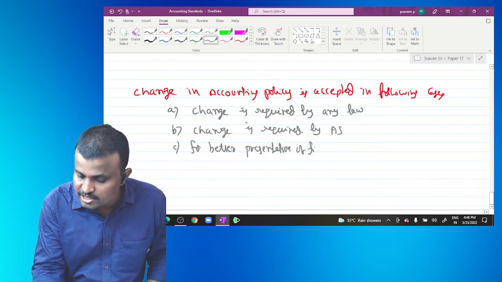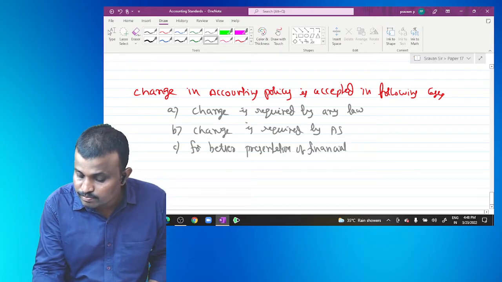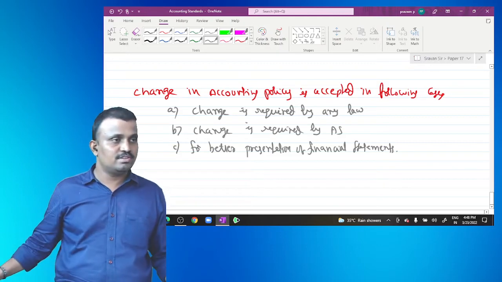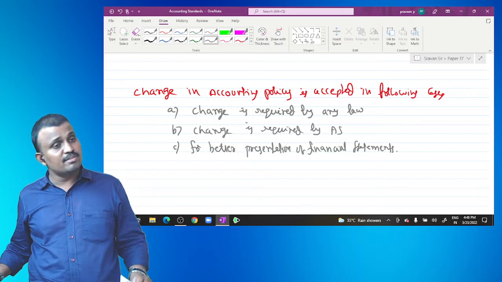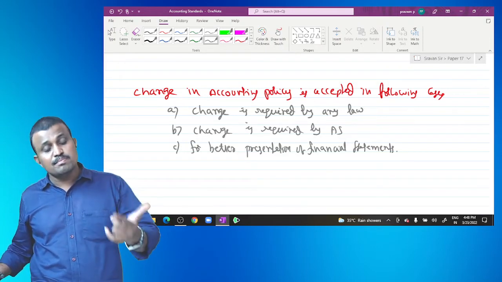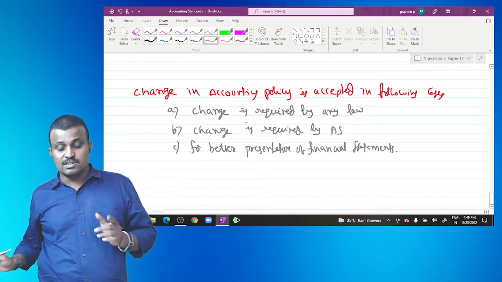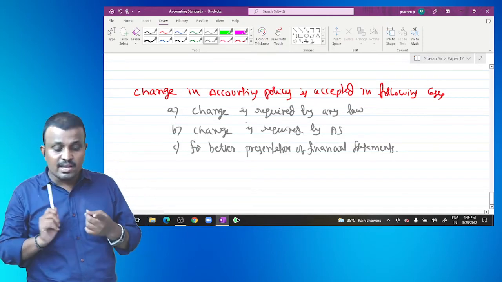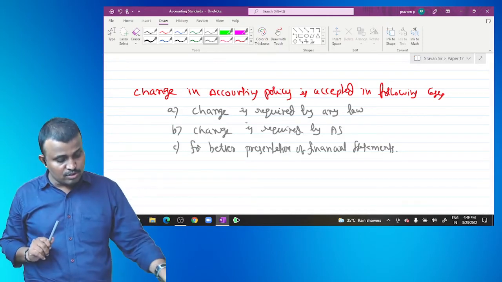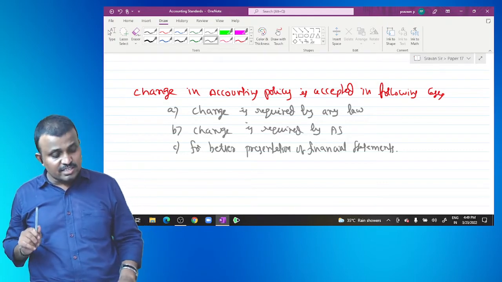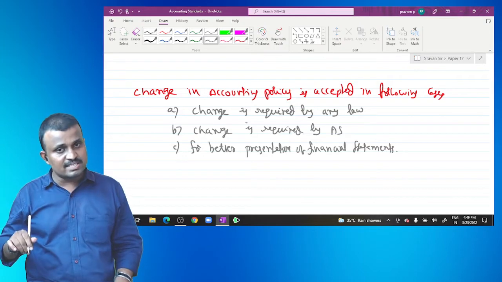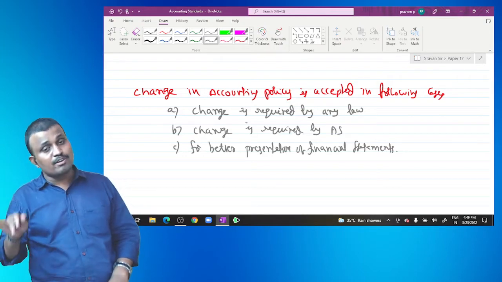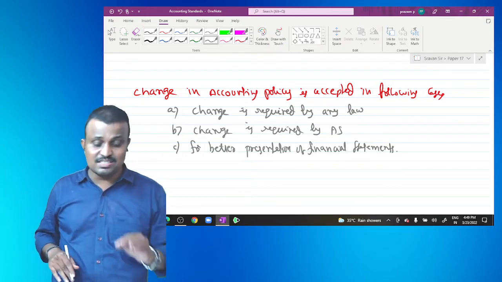And the third is for better presentation of financial statements. So accounting policies can be altered in the following cases: the change is required by any law for the time being enforced, the change is required by any accounting standard or ICAI, or for better presentation of the financial statements.